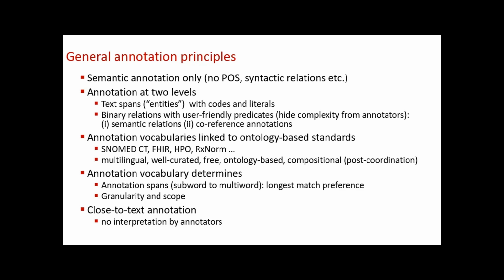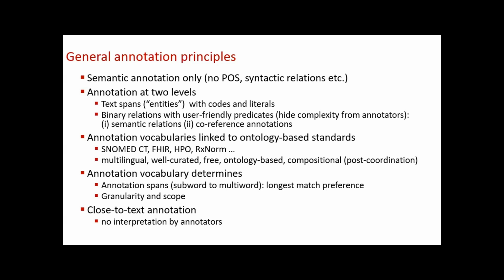It is very important, if we really use standards like SNOMED and FHIR, that we cannot confront the annotators with the complicated slots in FHIR and the dozens of different object properties in SNOMED. So it is very important that we simplify the relation annotation level.